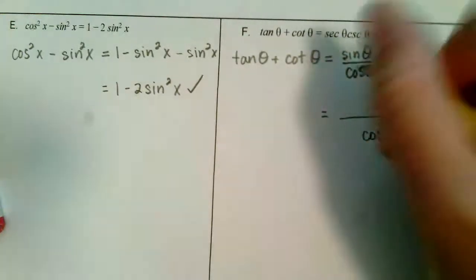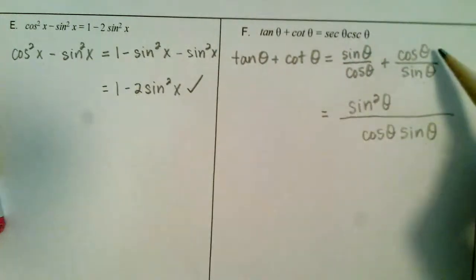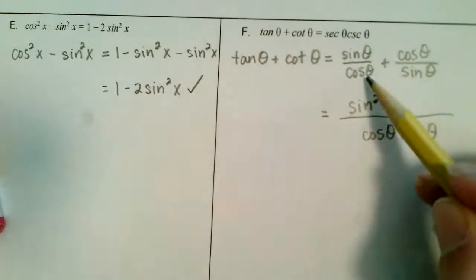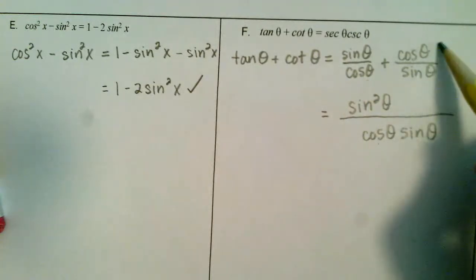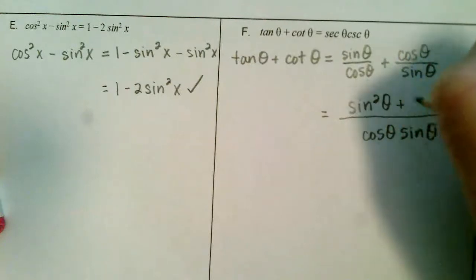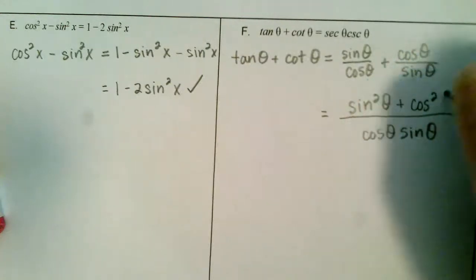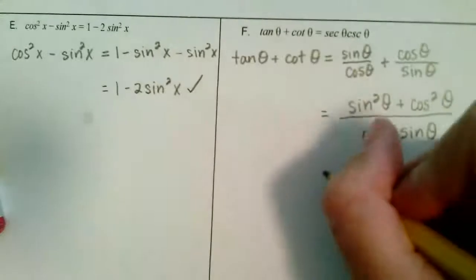I'm missing a sine theta, so this becomes sine squared theta. Over here, to get cosine theta, sine theta, I need to multiply the top and the bottom both by cosine theta. So this becomes plus cosine squared theta. If that wasn't clear to you, please come for extra help. This has to do with adding fractions. Okay, we can go over it a bit.